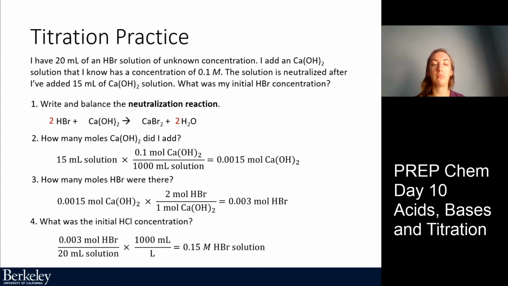So that means I have 0.003 divided by 20, and then times that 1,000 conversion factor between milliliters and liters, to get a 0.15 molar HBr solution. So that is basically how we practice using titration. Does anyone have any further questions on what I did here?